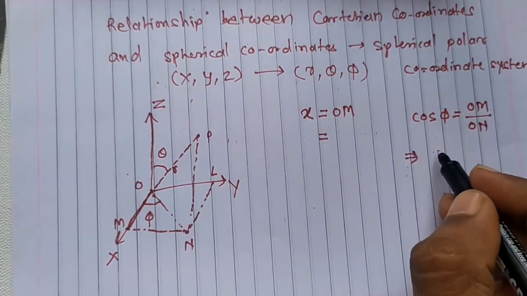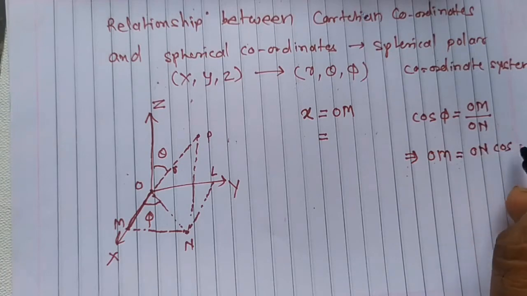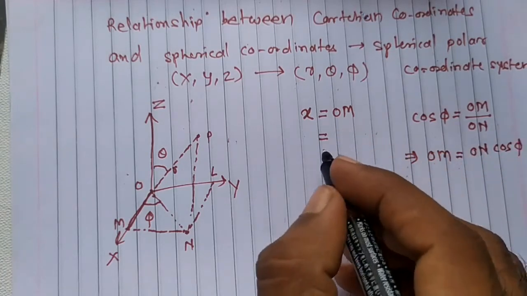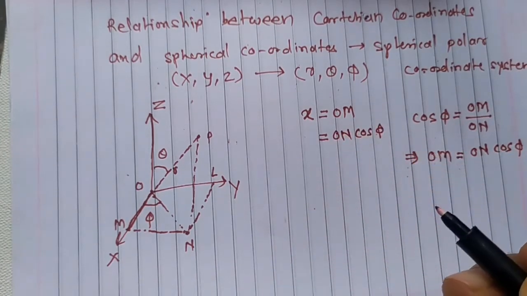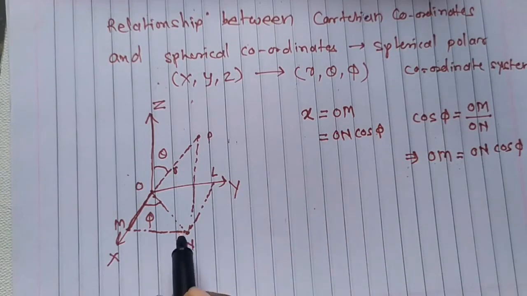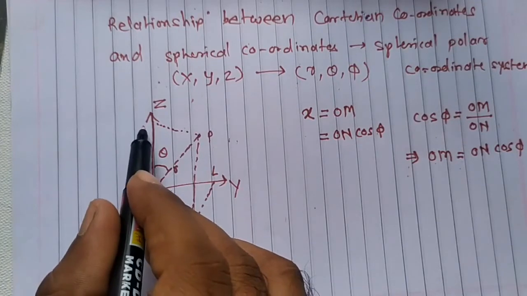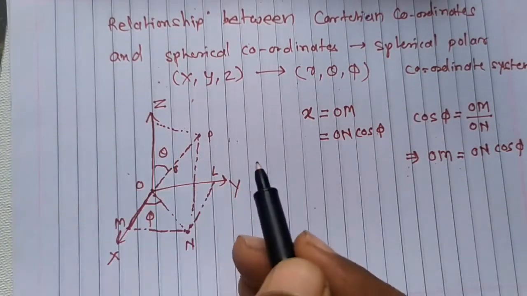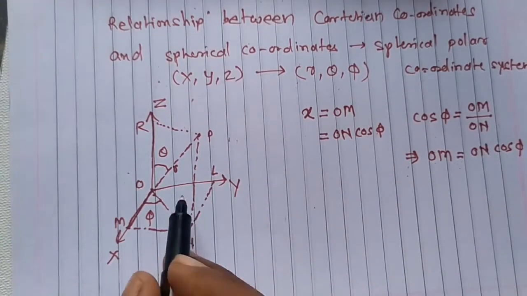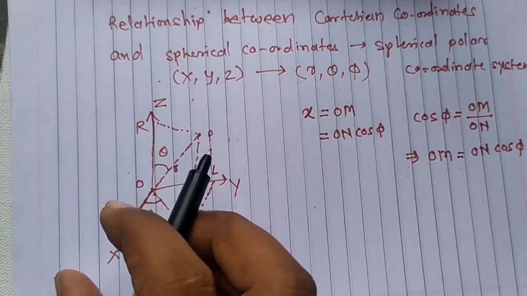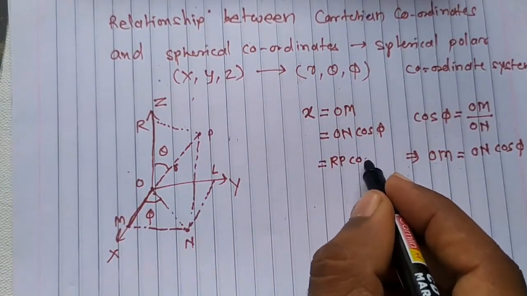This implies OM is equal to ON cos of phi. Again, from the diagram, I will call this point R. ON and RP are the same, so I can replace ON by RP cos of phi.